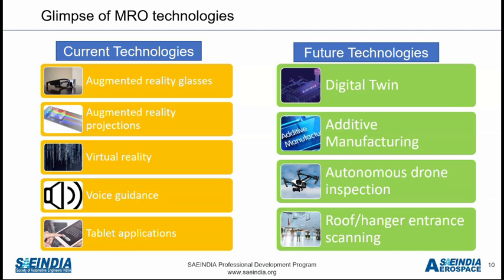Design for maintainability takes care of whether a component is accessible, or whether a special kind of tooling is needed, or whether a normal spanner can easily reach the component to tighten or remove the screw.